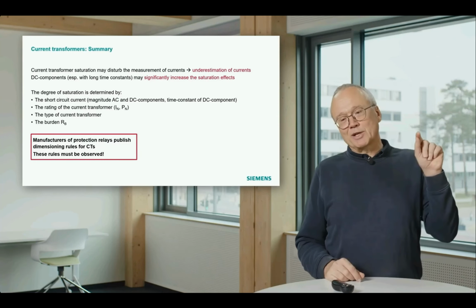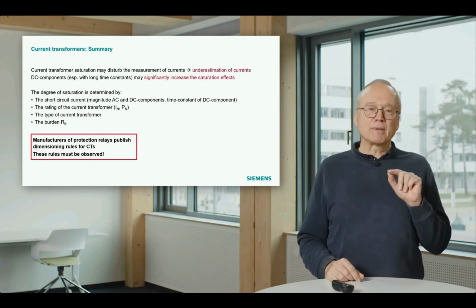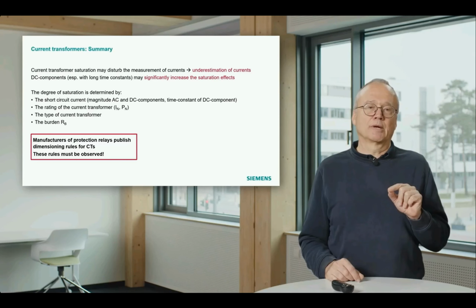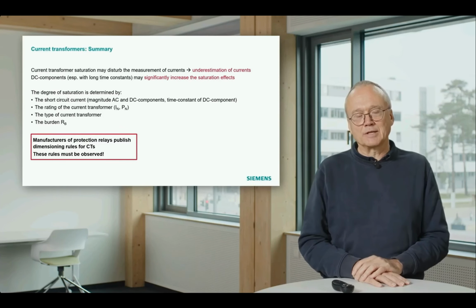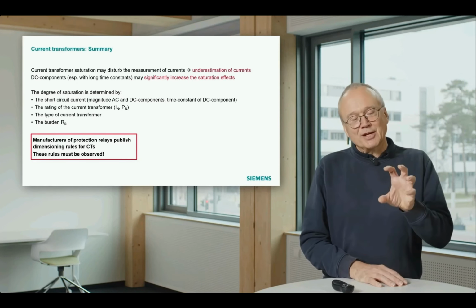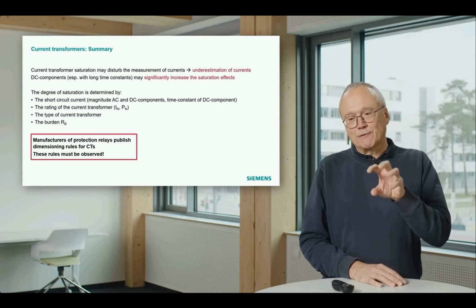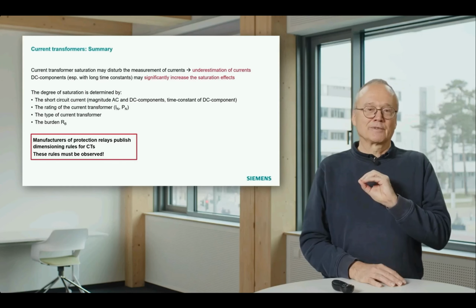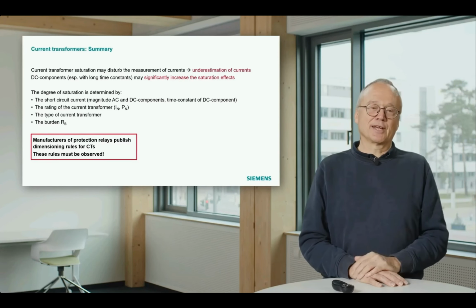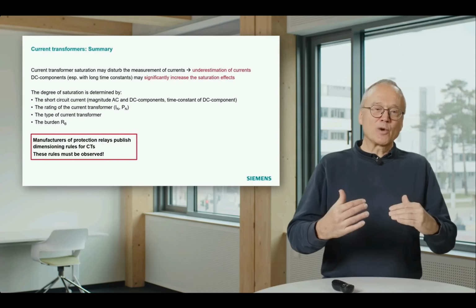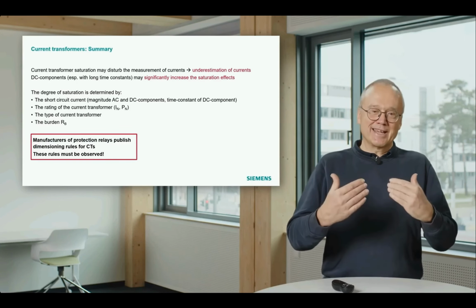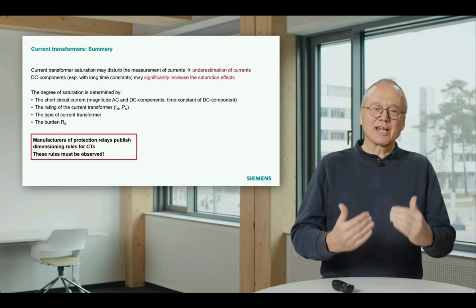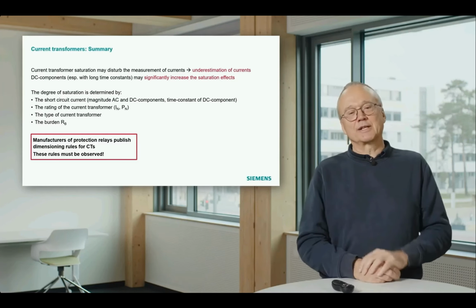And remember what I told you in the beginning about the P-class current transformer. Those are the majority of current transformers in the field. These current transformers have no defined behavior concerning the transients. That means we must test the protection relays against saturation effects where the behavior is not really standardized.